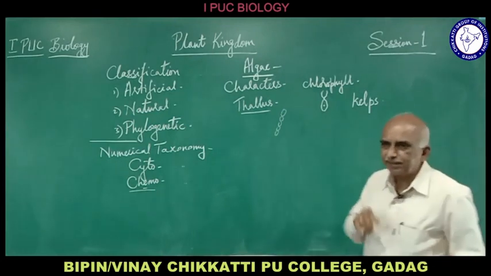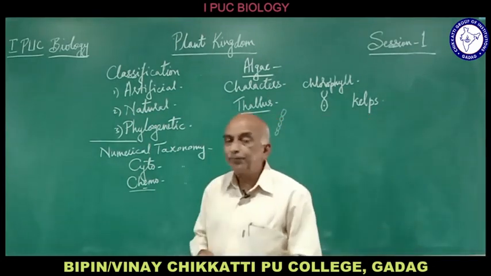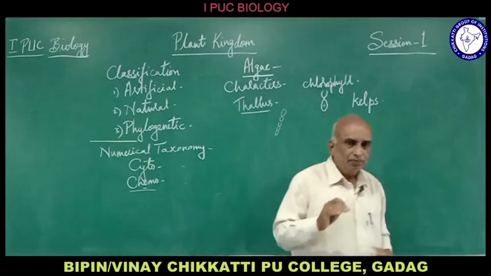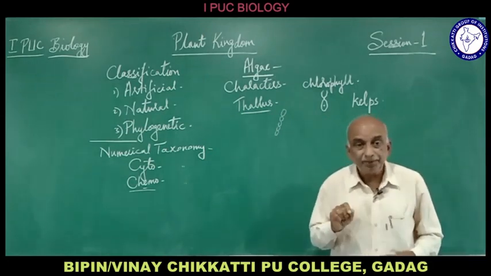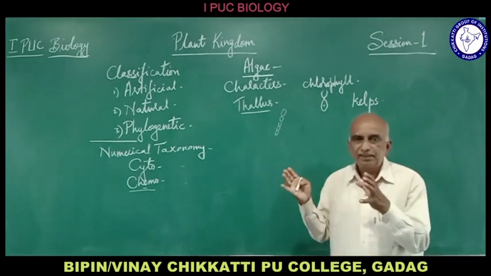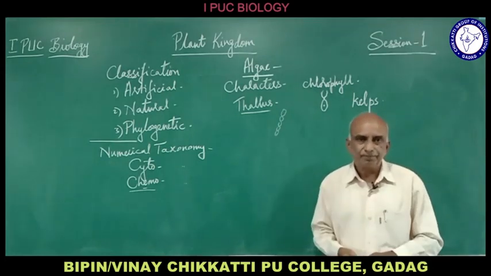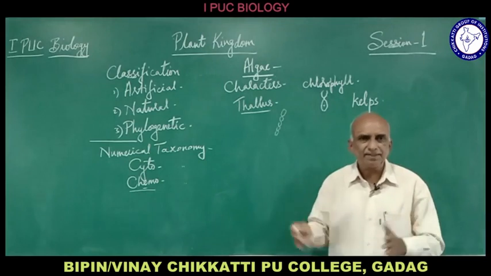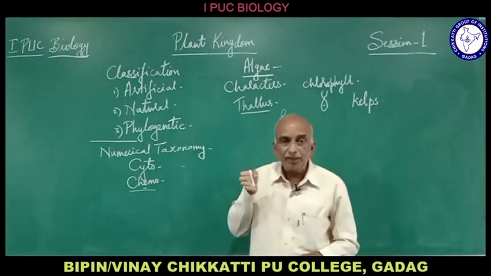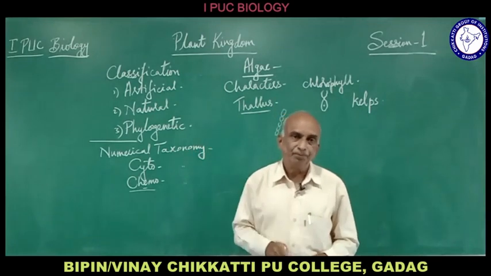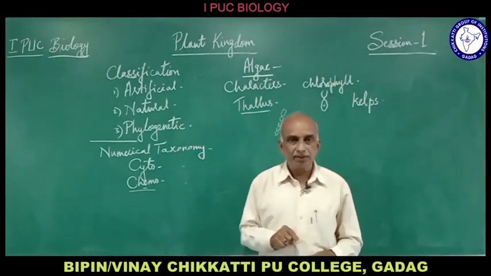Now kelps means it is just like a forest. For example, when we say forest, what do we mean? It is a growth of thick vegetation, growth of different plants on the land, where you cannot easily pass through them. So that is what we call a forest.